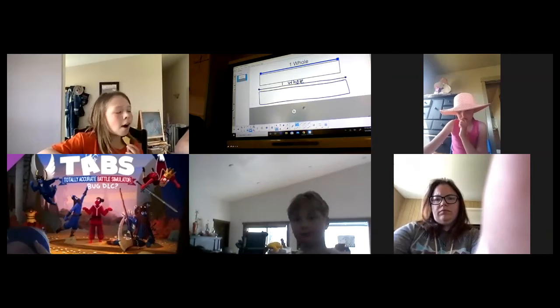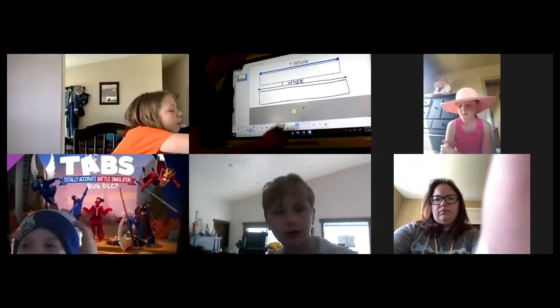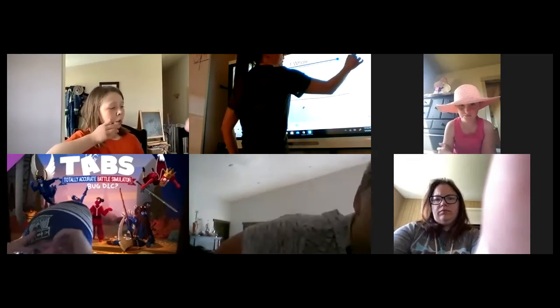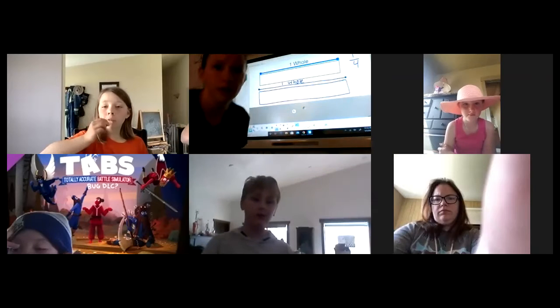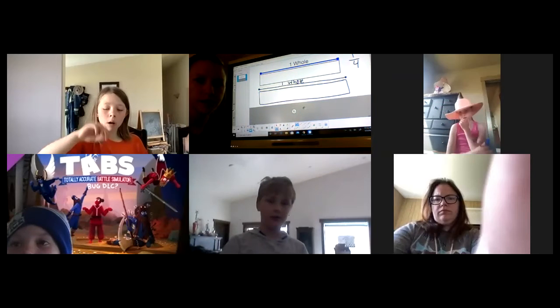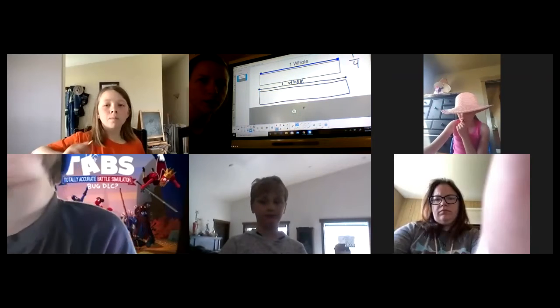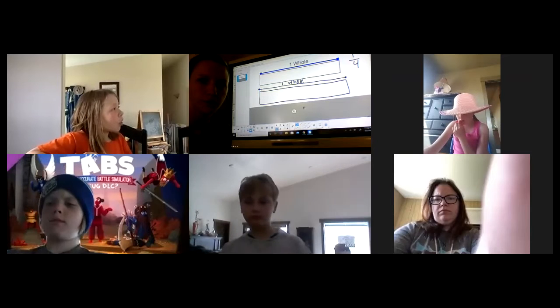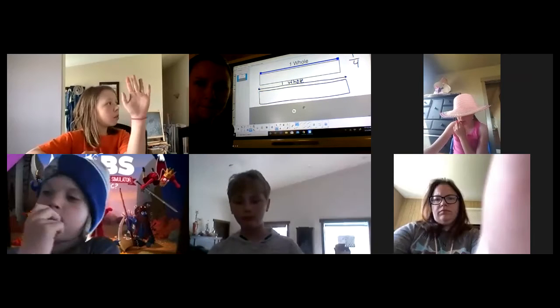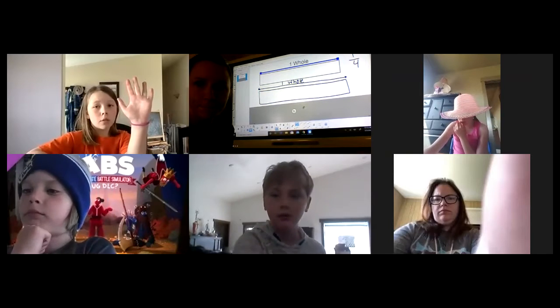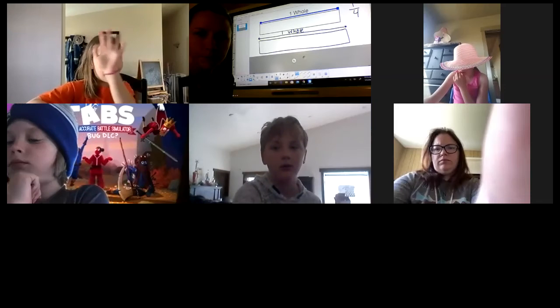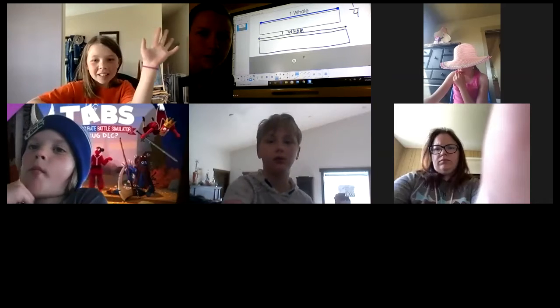So how could we use this fraction bar to represent 1/4? How could we use this fraction bar to show 1/4? What do we need to do to our bar? Okay, go ahead, Tilly.